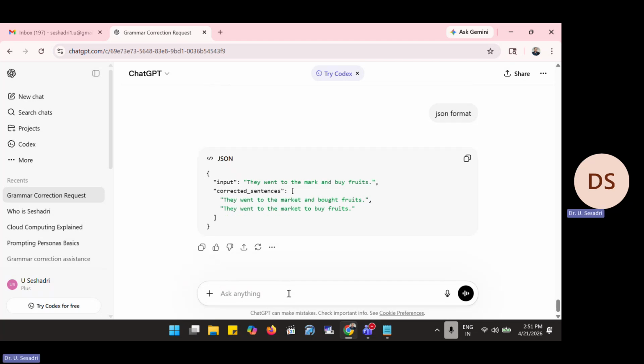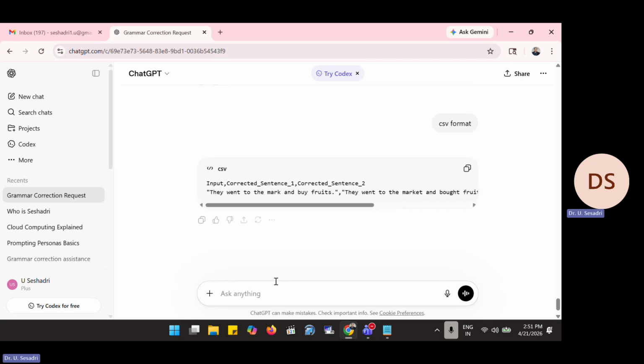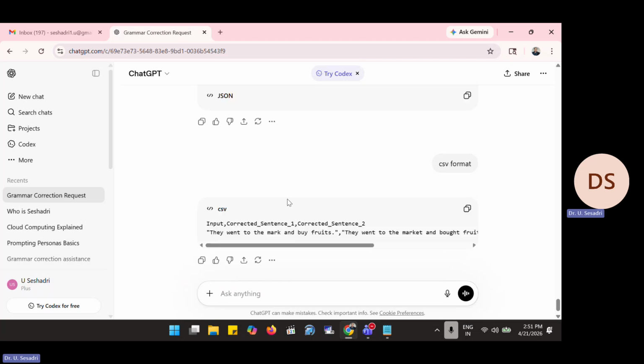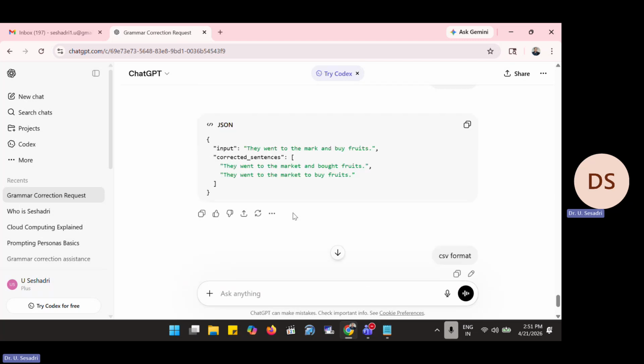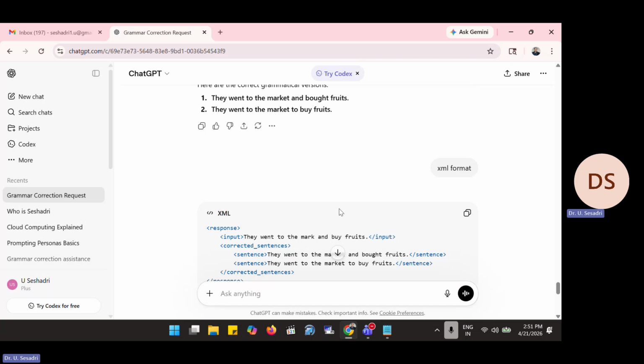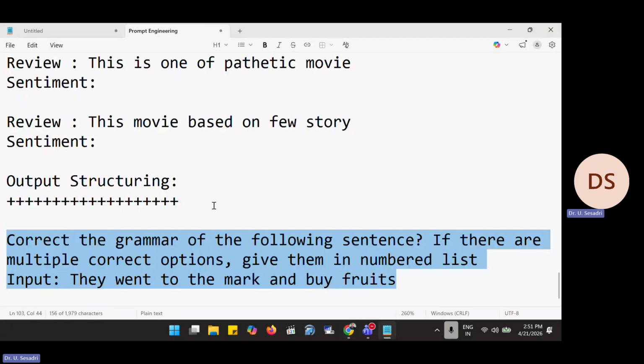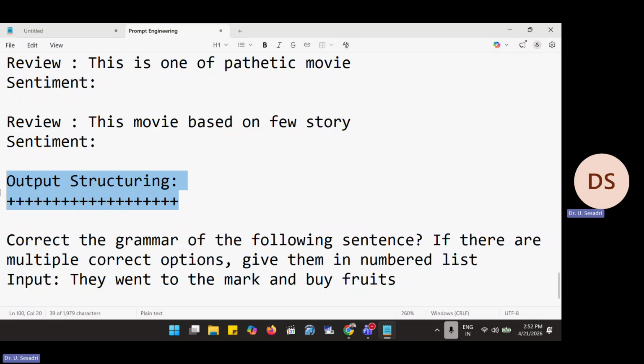I need the CSV format, and it provides CSV. That is nothing but telling the AI how you want the answer: JSON, CSV, XML, or a numbered format, and it provides the structured format. This one is output structuring.